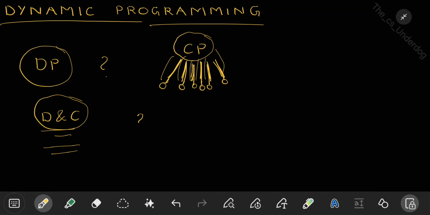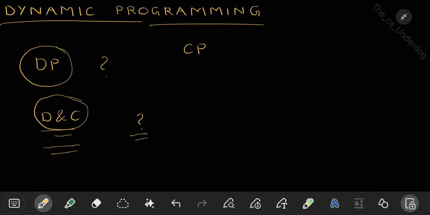How do these redundant computations occur here? Redundant computations occur because in case of the problems that you tackle using dynamic programming, whenever you divide the main problem into smaller problems, each of those smaller problems will be having a lot of even smaller sub-problems which are repetitive.